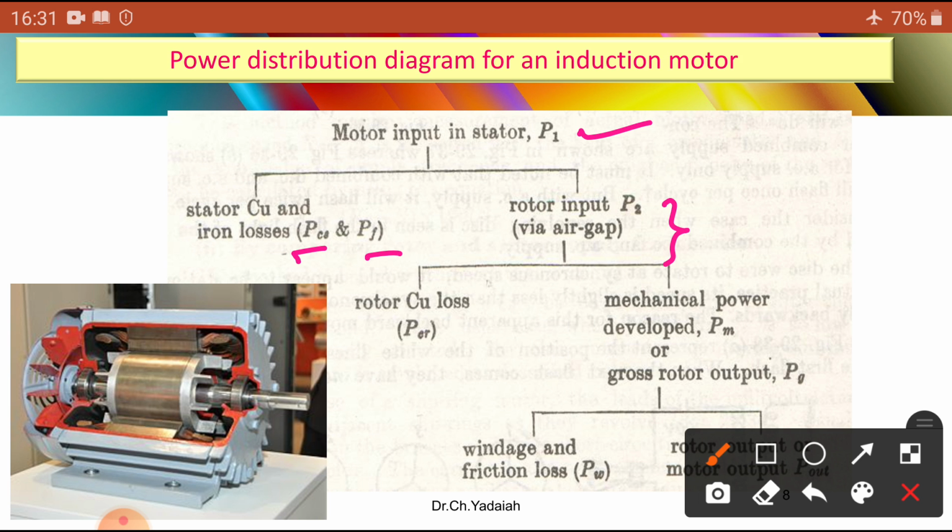From stator to rotor across the air gap P2 flows, and this P2 becomes the mechanical power developed, PM. At the same time some copper losses occur in the rotor. After that it goes to some friction and windage losses, and this is the output.